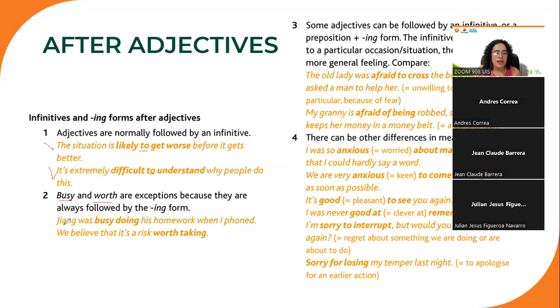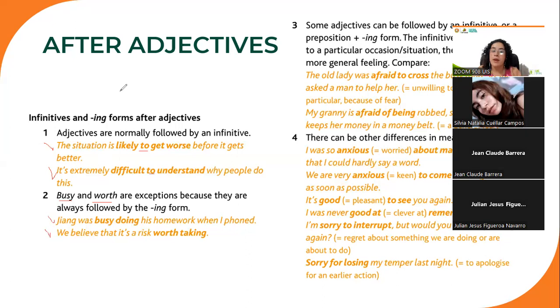So let's read the examples for the exceptions. Sylvia, please. Yeah, the two examples here. Okay. Sean was busy doing his homework when I phoned. We believe there is a risk worth taking.